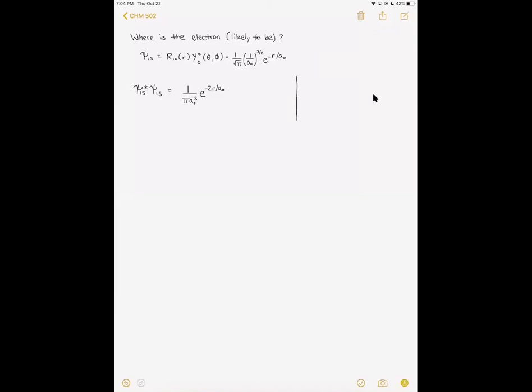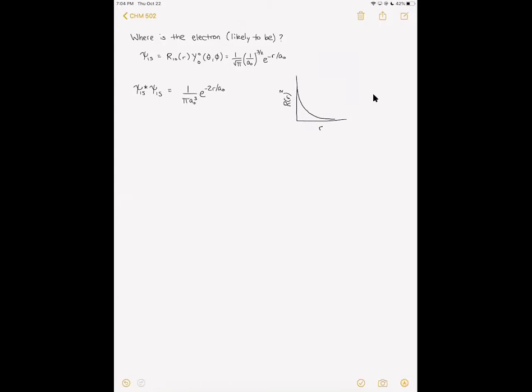I'm going to sketch this out. If we plot the probability here, this is our function squared. As a function of r, what we end up getting is something that looks like this. And this is a little bit strange to how we think of the electron.